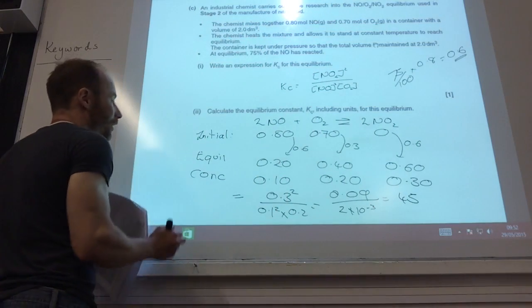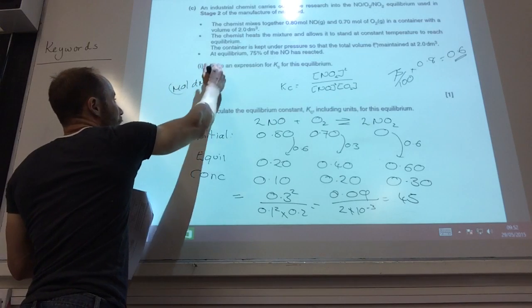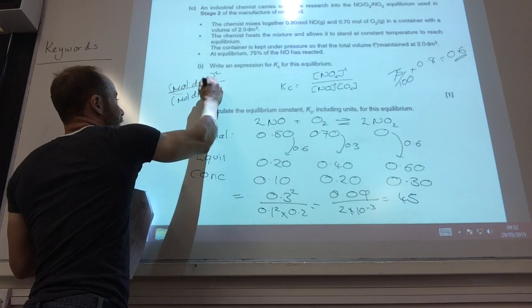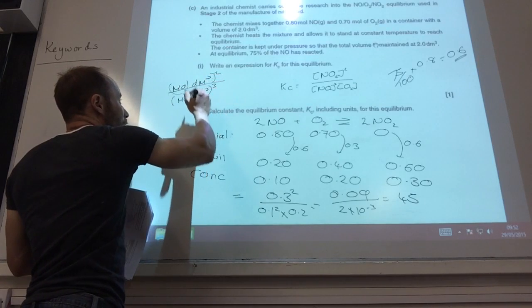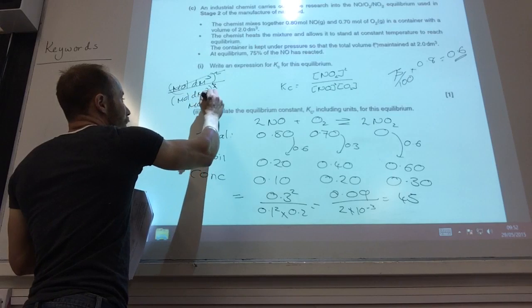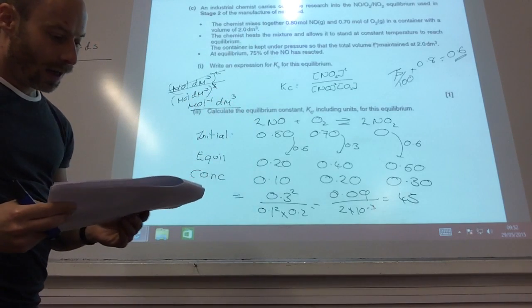For units, it's moles per decimeter cubed squared divided by moles per decimeter cubed. So that goes, so I'm left with moles to the minus 1 decimeters cubed.